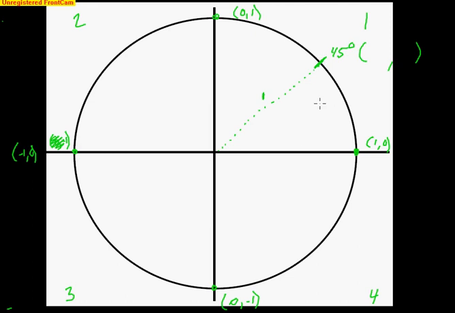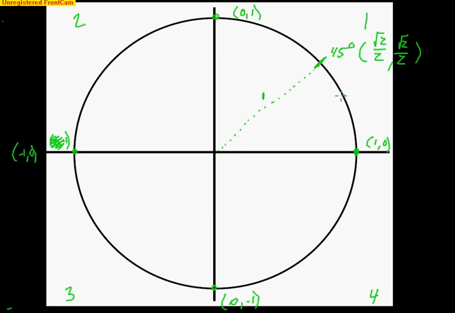The height of that triangle would be my y value, and the base, or the adjacent side, would be the x value. We just got done showing you that in a 45 degree triangle with the hypotenuse of 1, both legs are radical 2 over 2. So we know that both the x and the y are radical 2 over 2.